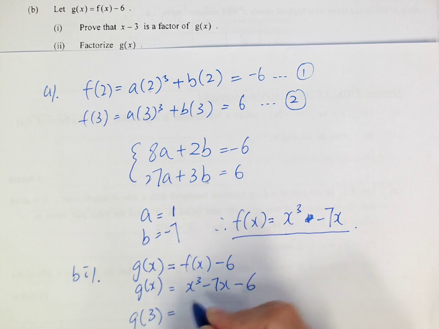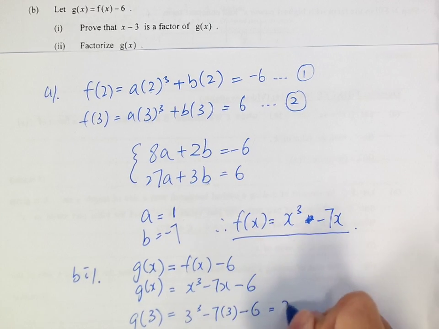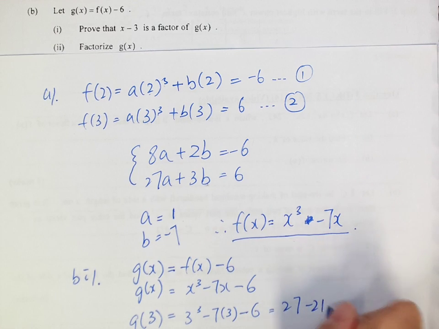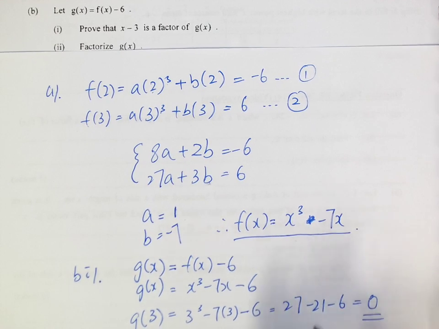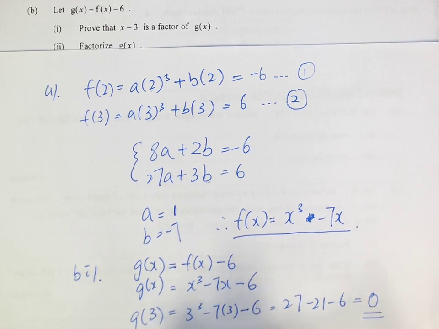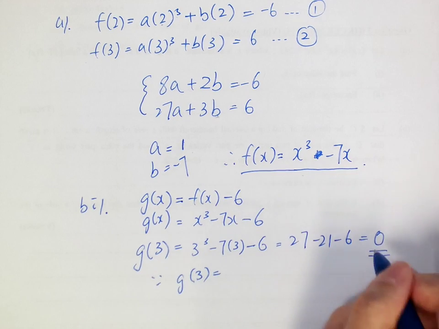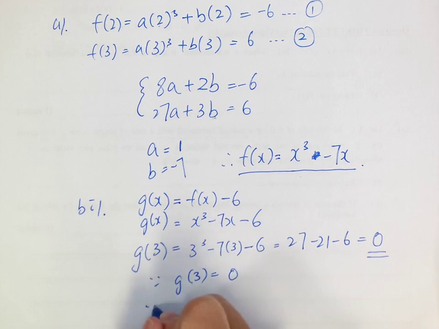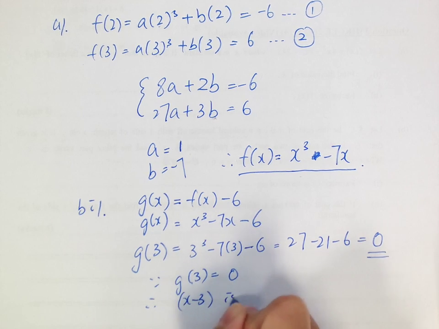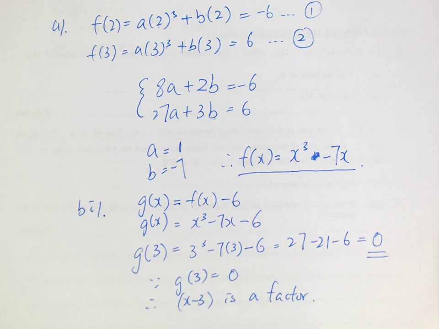Okay, the outcome will be 3 cubed minus 7 times 3 minus 6. So I have 27 minus 21 minus 6, which is 0. Therefore, I can say, because when I substitute x equals +3, it will equal 0, therefore x minus 3 is a factor. Okay, you have proved it.